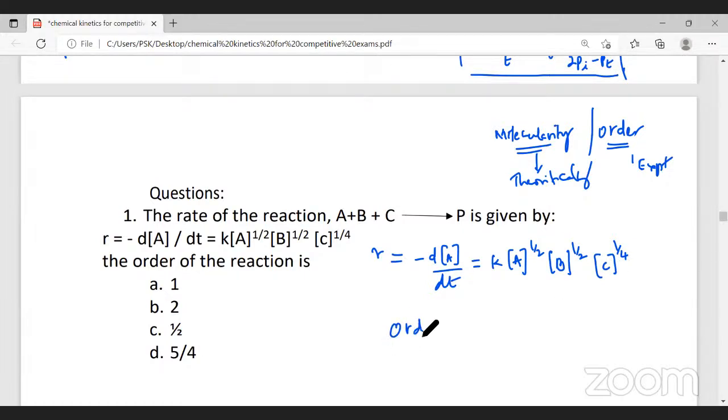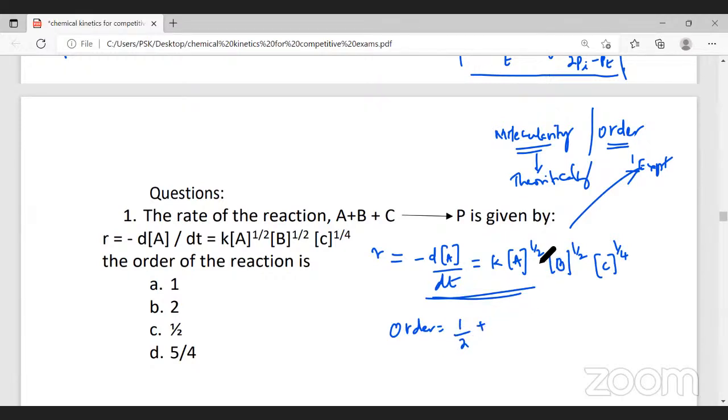The overall order of the reaction is given by the sum. See, order is defined as sum of the powers of the concentration terms in an experimentally determined rate equation. This is an experimentally determined rate equation. From this, sum of the powers, sum means addition.